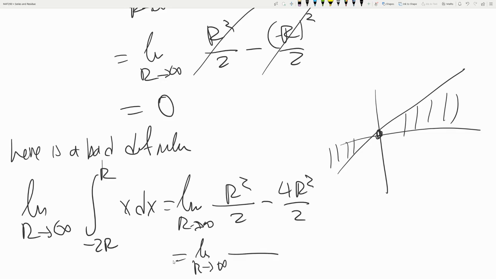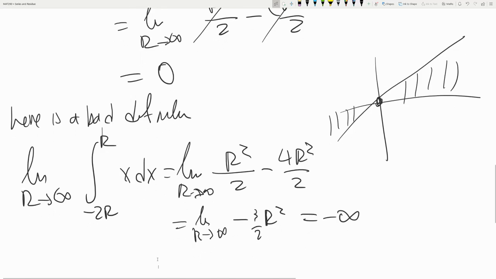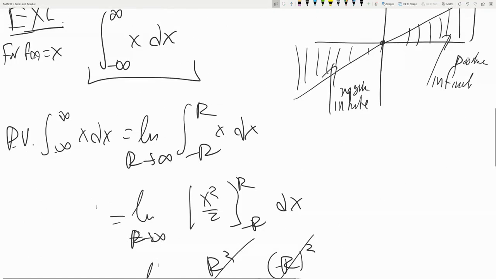So I get minus 3 halves R squared, which is minus infinity. And that's not defined. So this principal value is well posed, especially for symmetric functions.